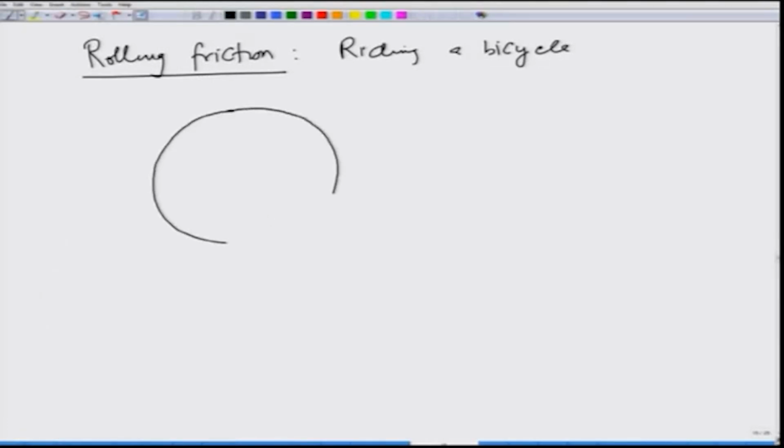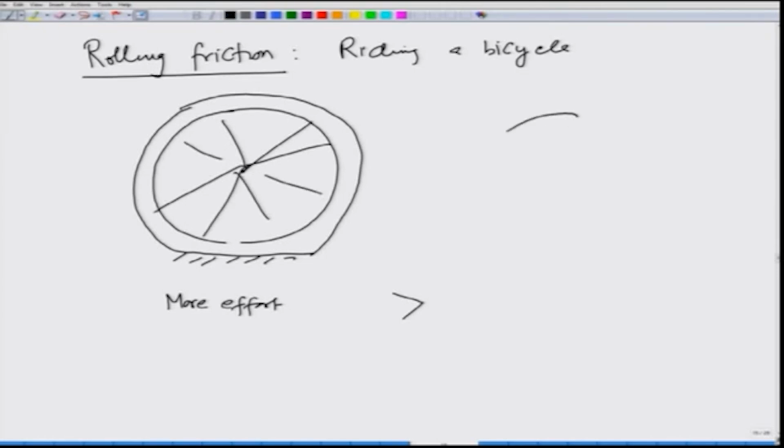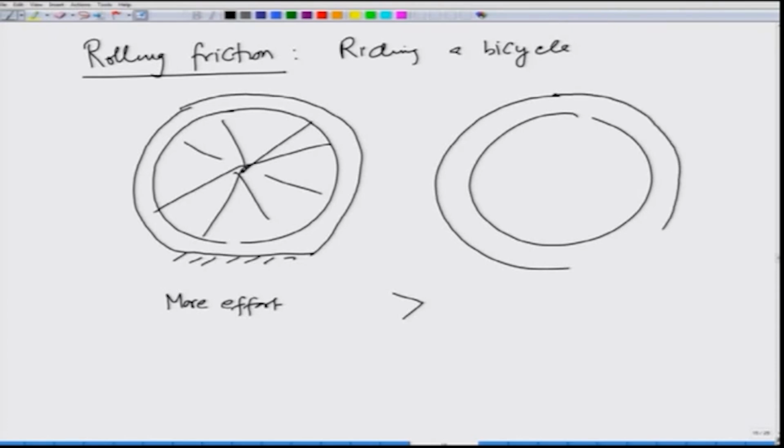If this is the bicycle wheel, if the air is not much, then it deforms at the bottom and more effort is needed, versus a situation where the wheel is highly pressurized, with less effort.